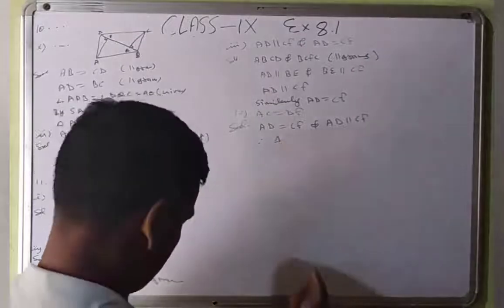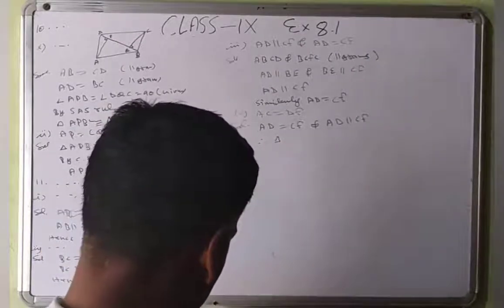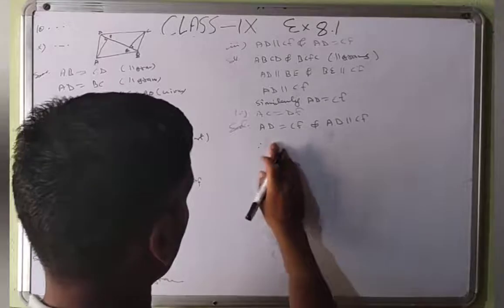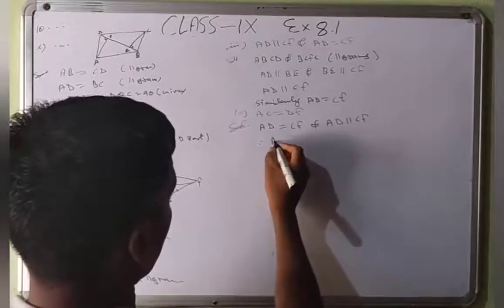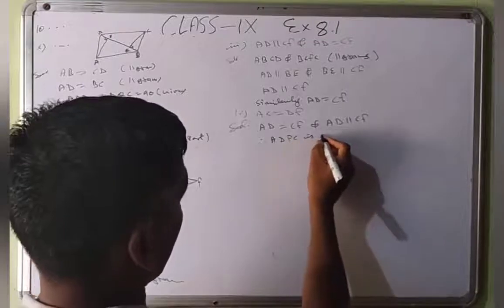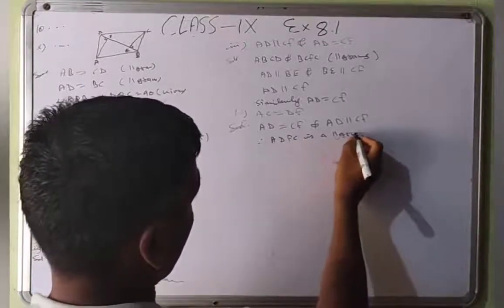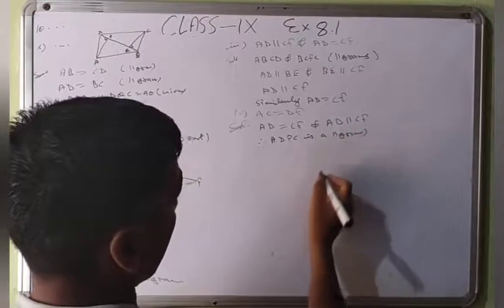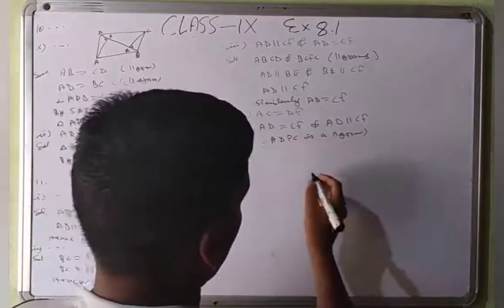So this is not a triangle, it is a quadrilateral. Quadrilateral ADFC is a parallelogram because opposite sides are equal and parallel.